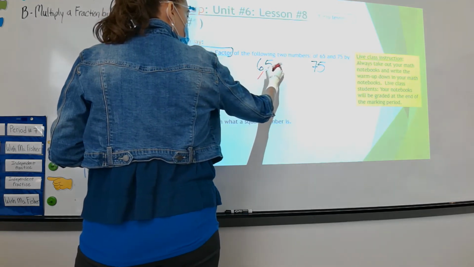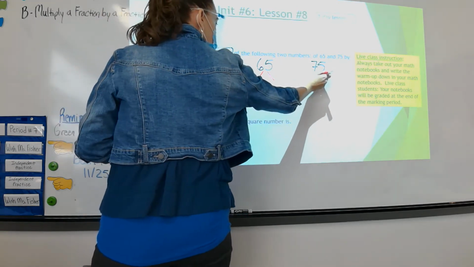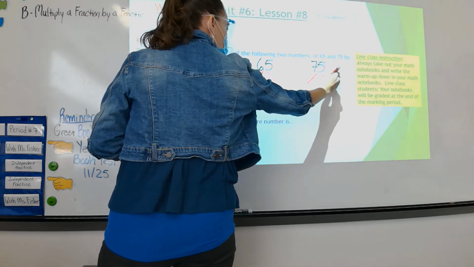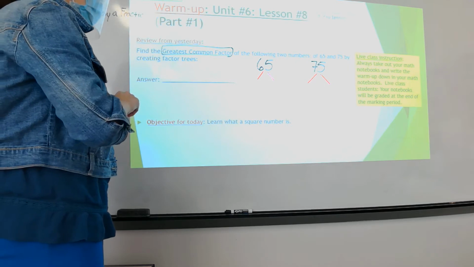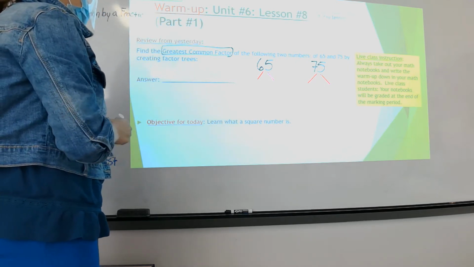So remember, if you can pull out a prime number right away, that's usually easiest. And if you use your divisibility rules, you should easily be able to pull out a prime number.